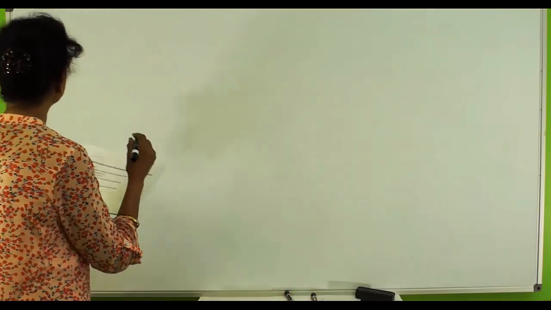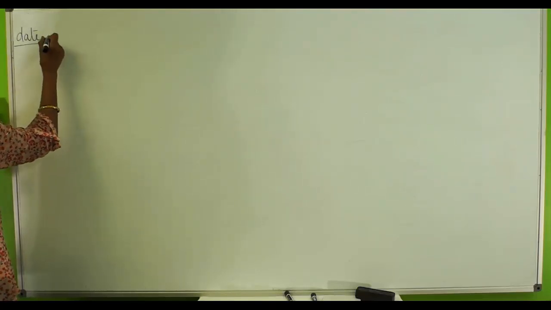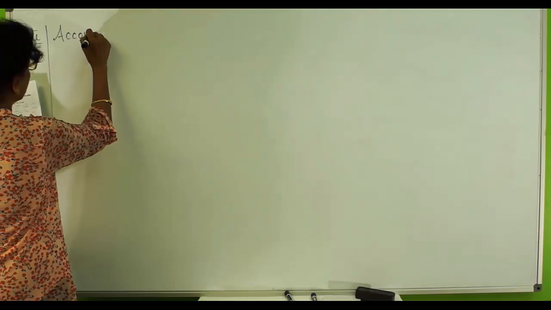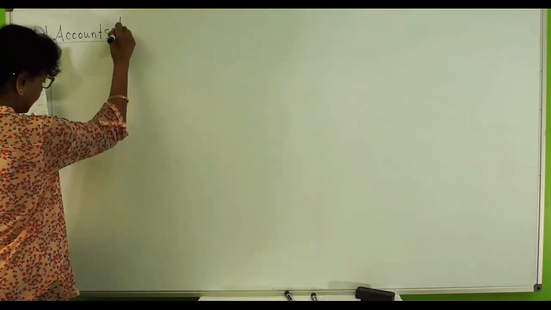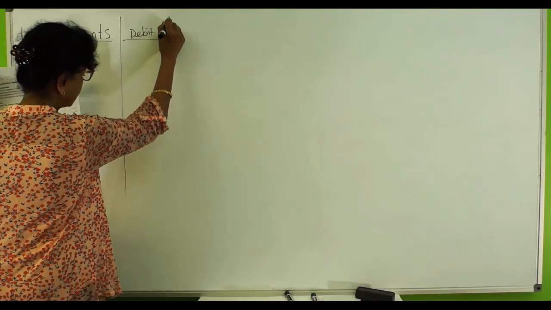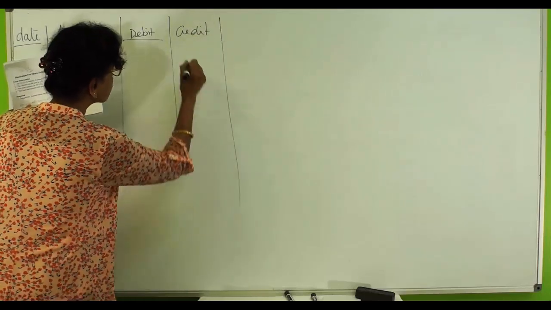So first, the date. And then we have the accounts, and then we have the debit and credit columns.